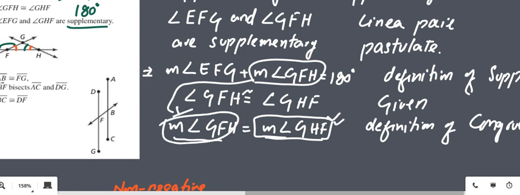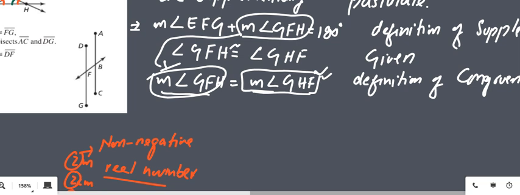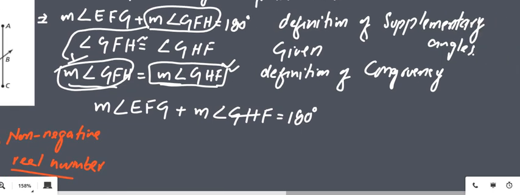So by substituting the values, what will I get? I will get measure angle EFG plus measure angle GHF equals 180 degrees by substitution. The reason is the substitution property of equality.